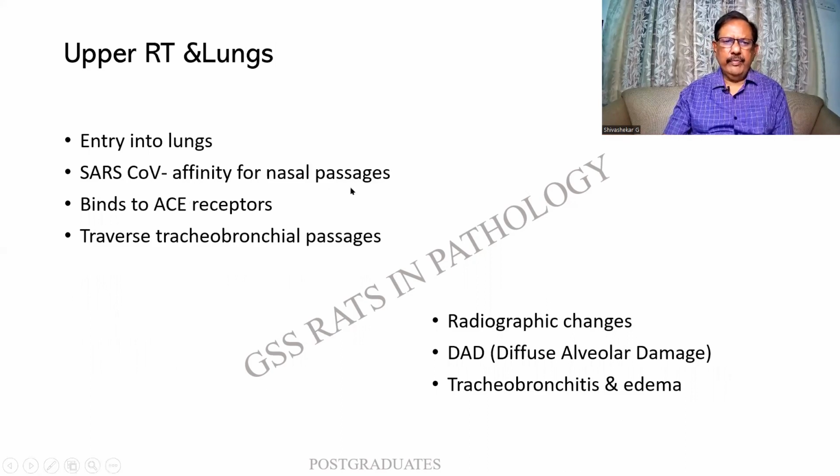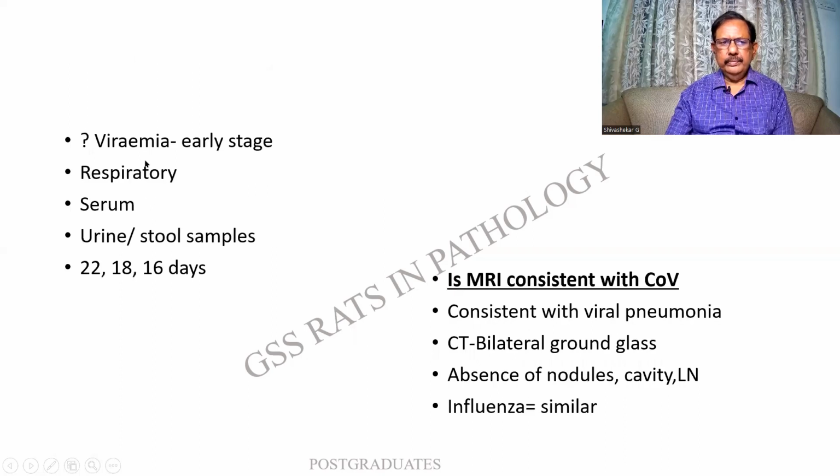The virus enters the lung, has an affinity for the nasal passages, binds to the ACE receptors, and traverses the tracheobronchial route. There can be radiographic changes such as diffuse alveolar damage, tracheobronchitis, and edema. The urine and stool samples can be positive on various days.